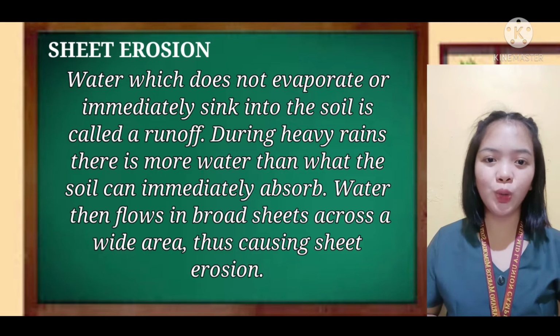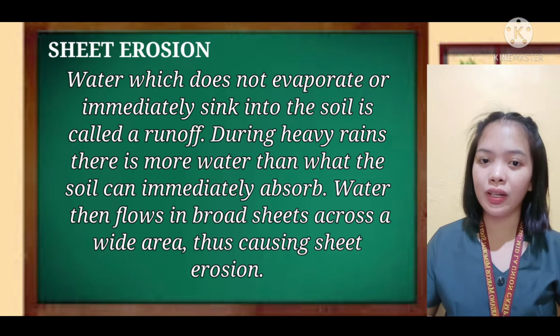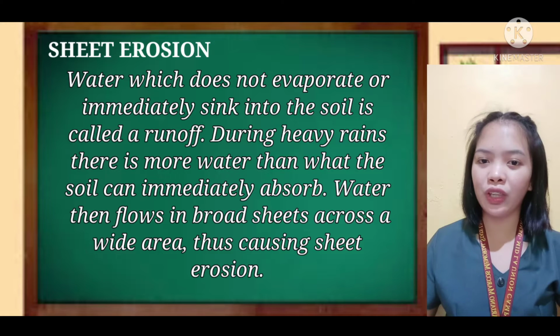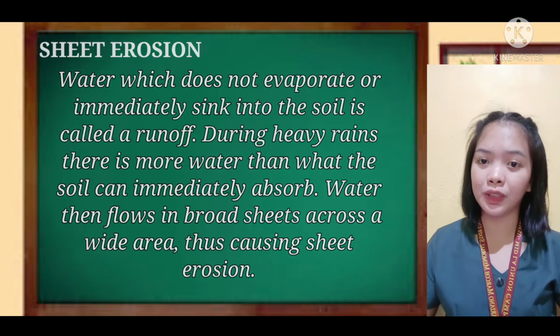Splash and sheet erosion are greatly feared by humans because they remove valuable topsoil from the land. Raindrops loosen the surface and water that flows in broad sheets carries away the fertile layer of the soil, making the farms less productive. Sheet erosion likewise produces gullies while ruining crops.